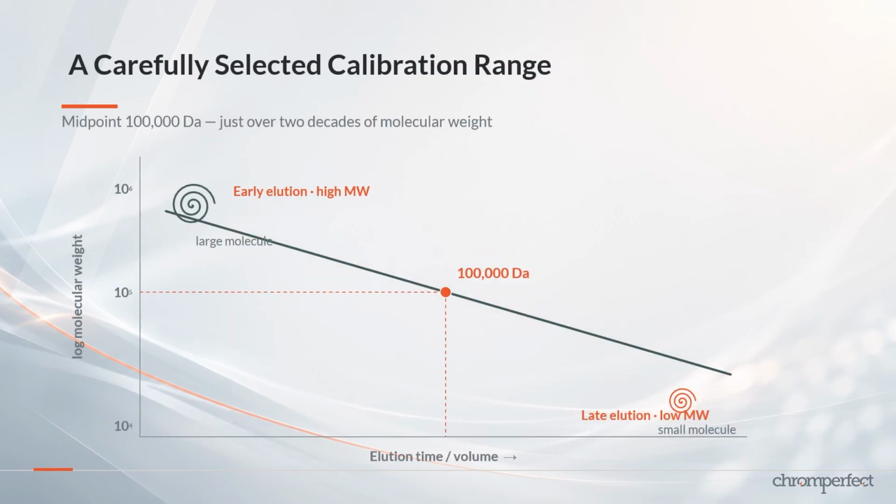For this example, the calibration curve is selected so that the midpoint of the SEC processing range corresponds to a molecular weight of 100,000 Daltons. The complete processing range covers slightly more than 2 decades of molecular weight. The original chromatographic peak is symmetrical within the processing range, and the peak top corresponds to 100,000 Daltons.